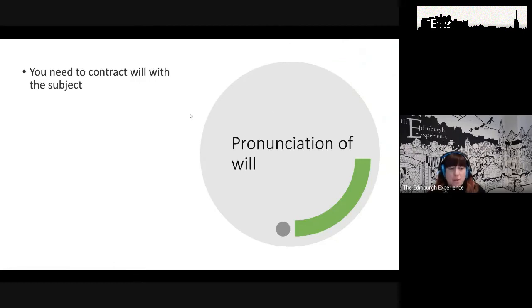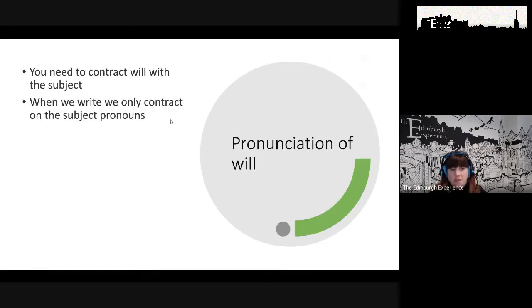And remember that when we talk about will, we have to contract will with the subject. So if we're using pronouns, it would look like this, okay? And remember that in terms of written contractions, we only contract on subject pronouns, not on proper nouns. So this one here, guys, you can repeat it with me. I will becomes I'll. Yeah. So if we think about our block of sound, for example, with the word go, it would be I'll go.